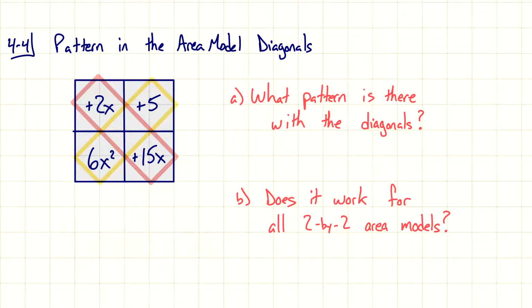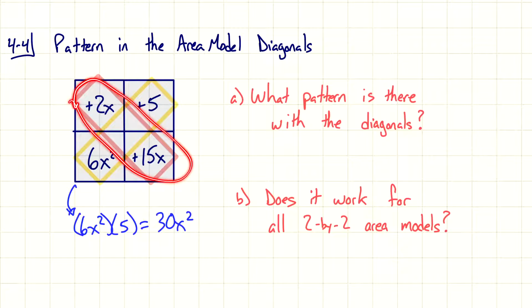All right, so let me write that down. So if I multiply those, or let me do it on the bottom. So if I multiply those, 6x squared times 5 gives us 30x squared. Okay, so how does that help? Well, let's look at the other diagonal.